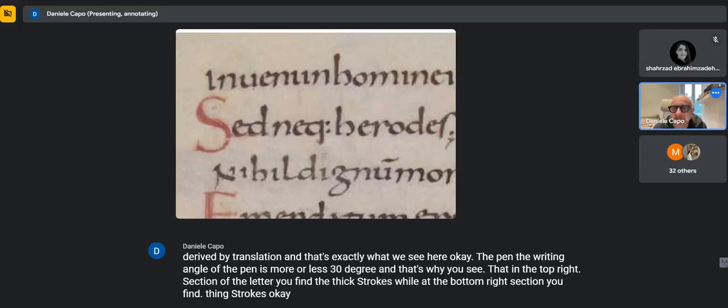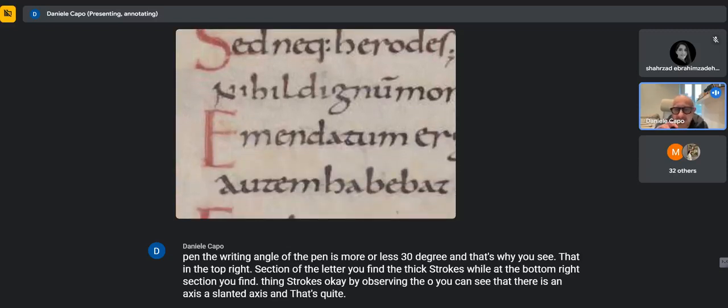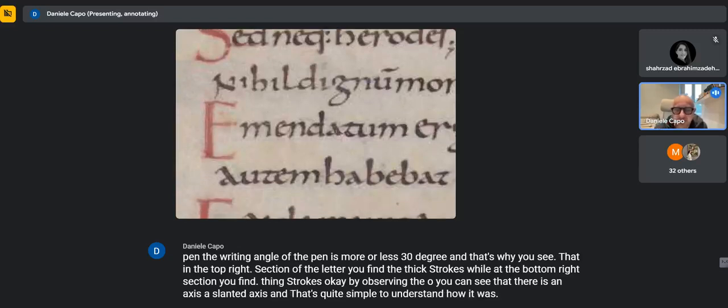By observing the O, you can see that there is a slanted axis, and that's quite simple to understand how it was written.